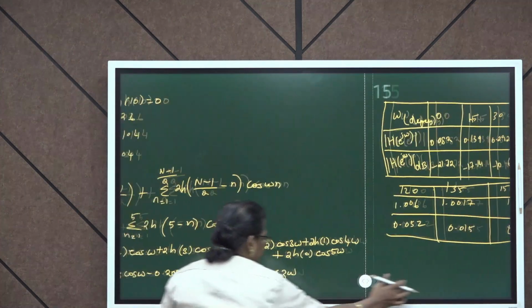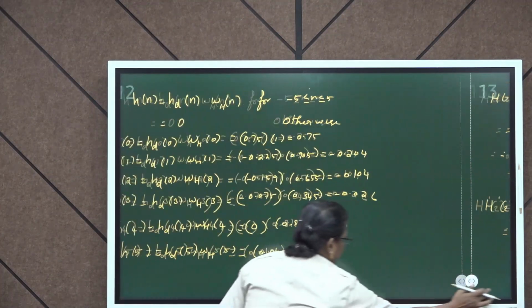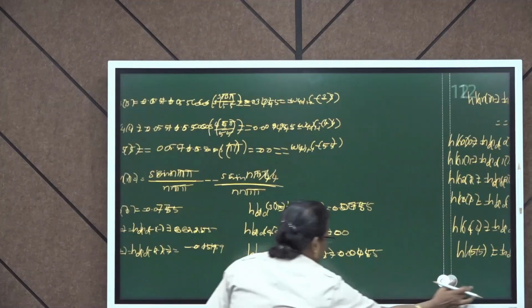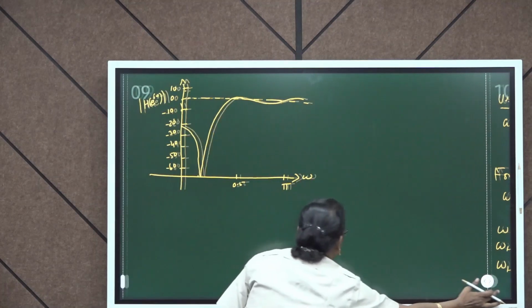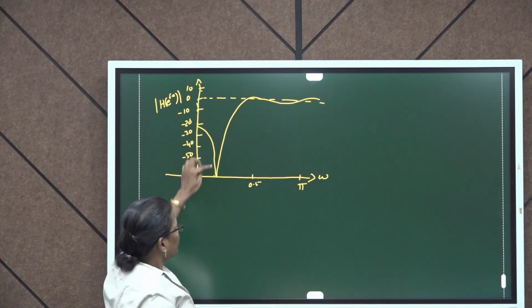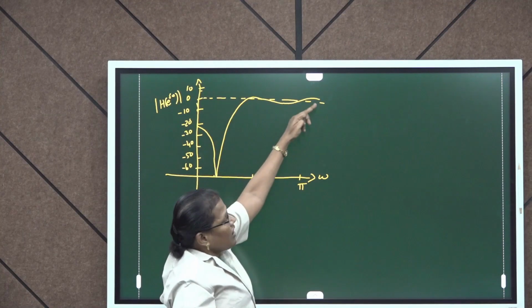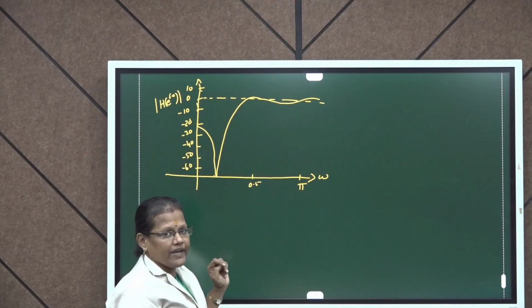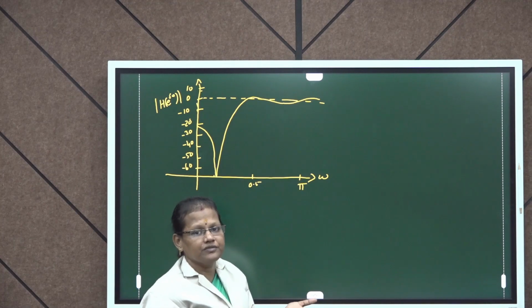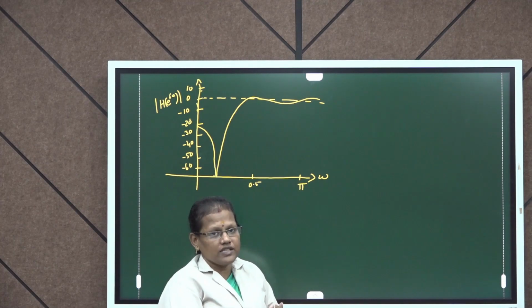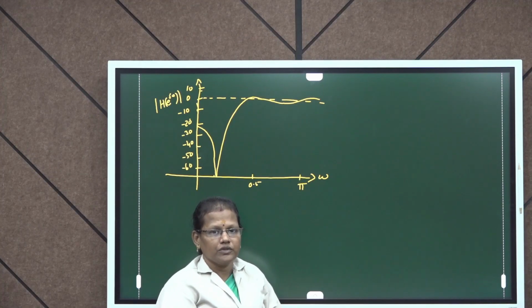I'll show the magnitude response of the filter using the Fourier series method. You see this diagram here, we have a subband as well as an oscillation in the passband. So this is the disadvantage of the Fourier series method, and in the windowing method, this oscillation, that means the Gibbs phenomenon, can be reduced. Okay, thank you.